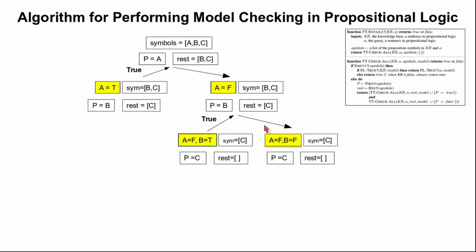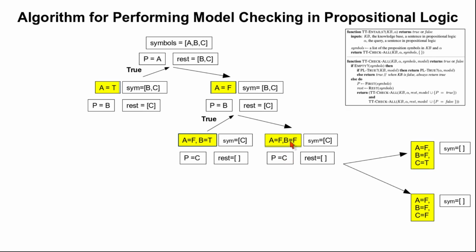But we have not yet performed this call. So now we have to perform the processing for this call. As you can see, P was equal to C. So as we make a recursive call, we will add C to the partial model, and hence our models will become A equal to false, B equal to false, C equal to true, and A equal to false, B equal to false, C equal to false.